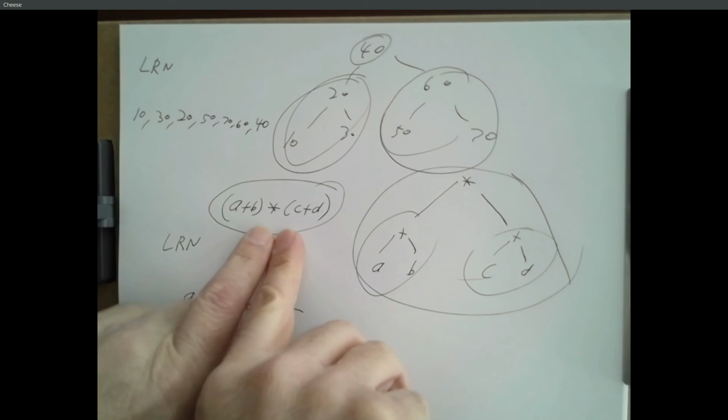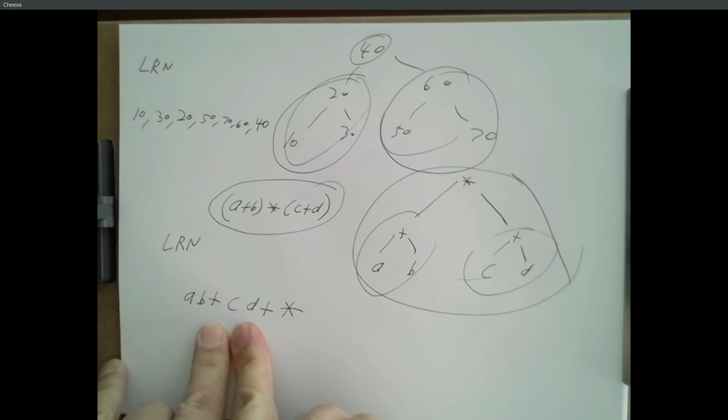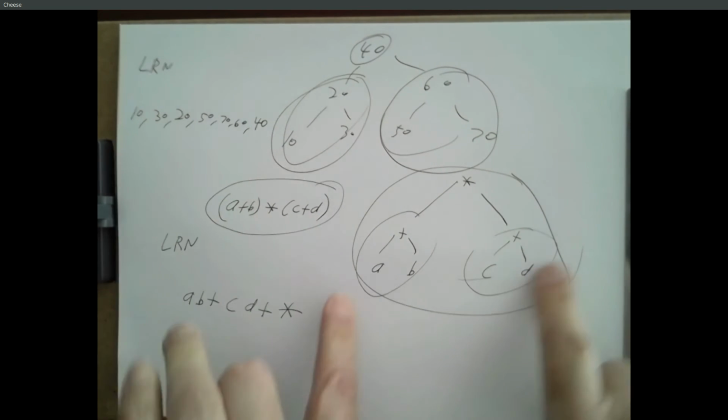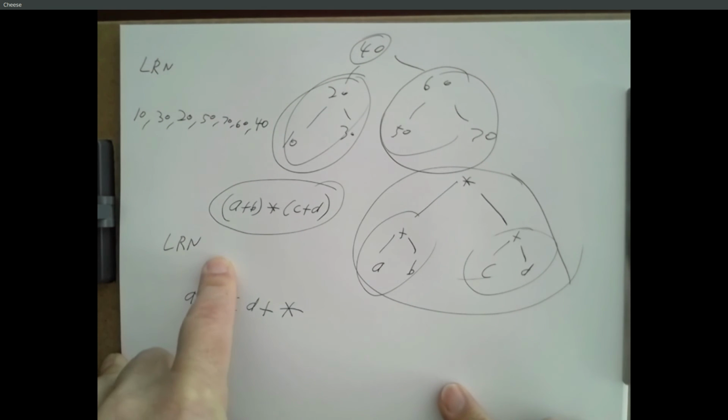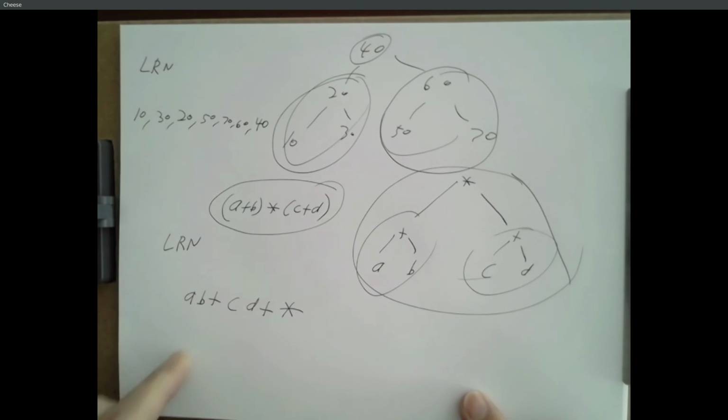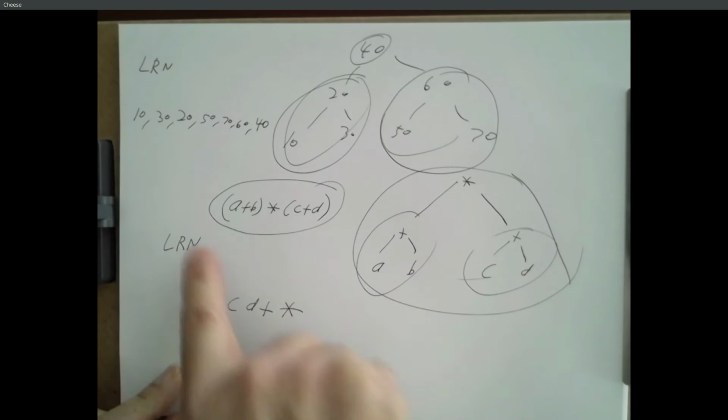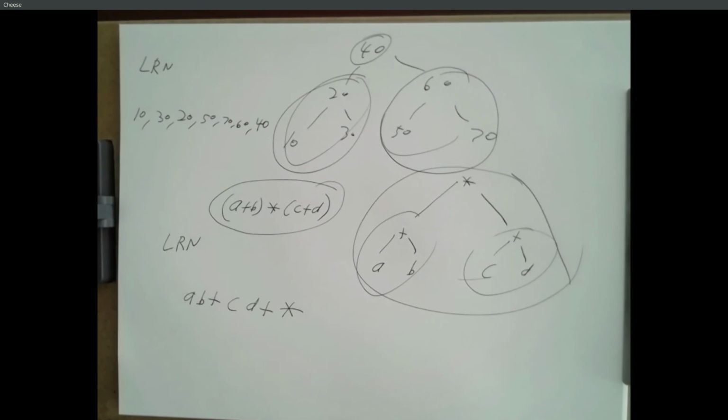So to convert from an algebraic expression to an RPN expression is fairly straightforward. Take your original expression, build an expression tree, and then traverse it in left-right-node, reverse Polish notation. Traverse it in postfix order, and you get the postfix expression. So these things pop up in all kinds of weird ways.